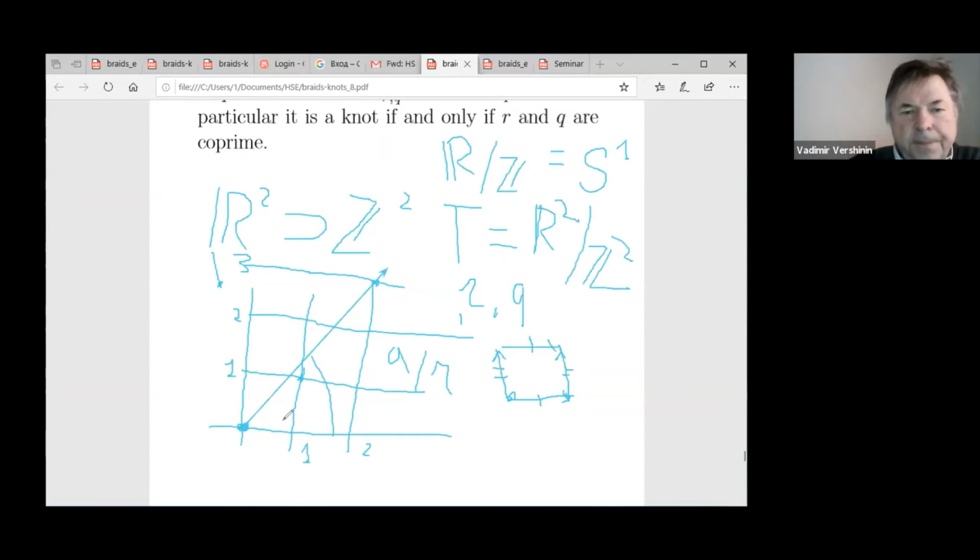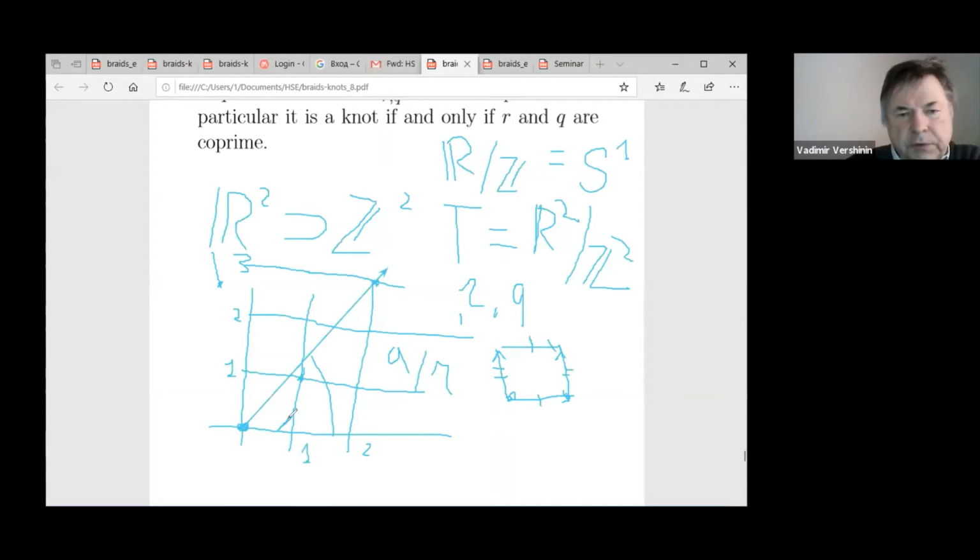If we see, for example, only this square, this point is equivalent to this one. So in the same square, if we concentrate on this square, we can make a picture like this, goes to this point, but this point is the same as this point, right?